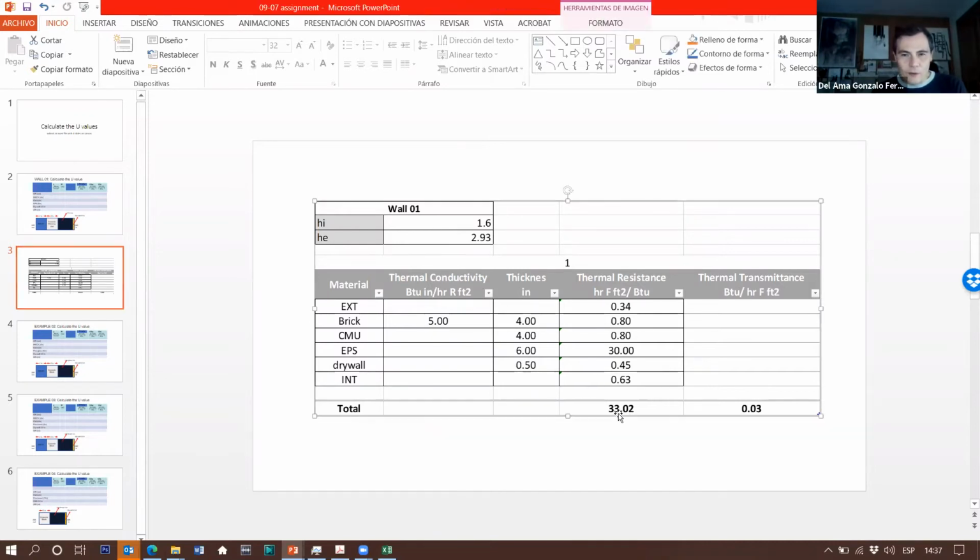And there's another thing. We have to understand if this wall has a good performance or doesn't have a good performance. So if I ask you now, do you think this is a good performance? If I have a wall with a thermal resistance R equals 33, do you think it's good or it's bad, or it depends?